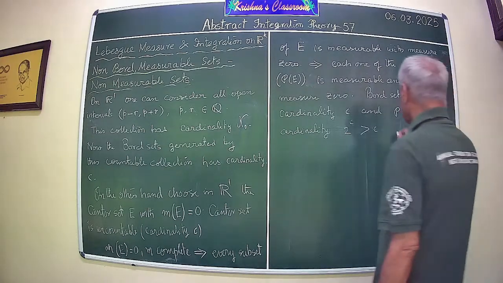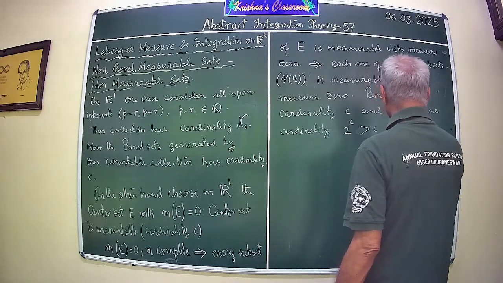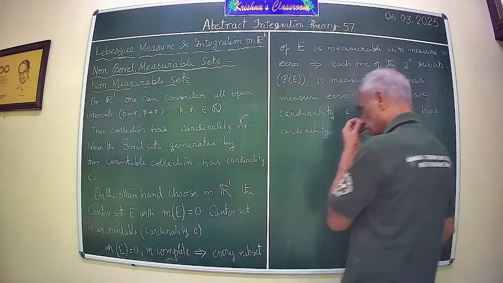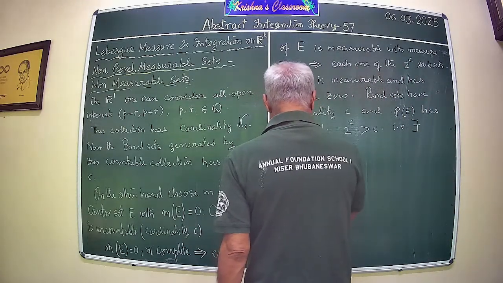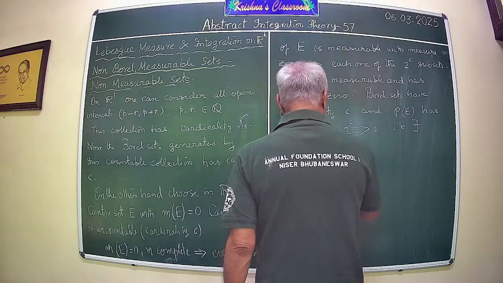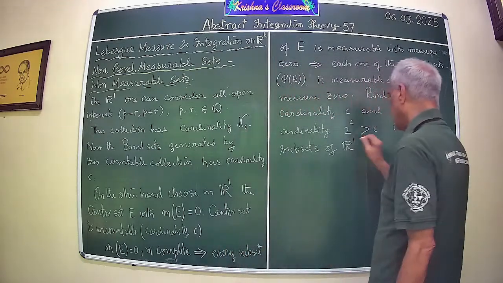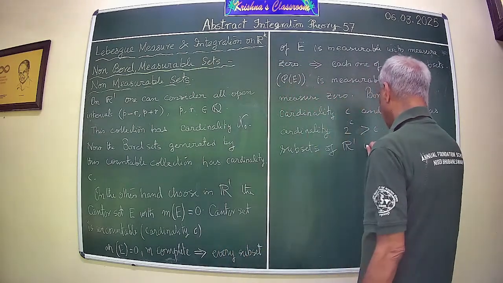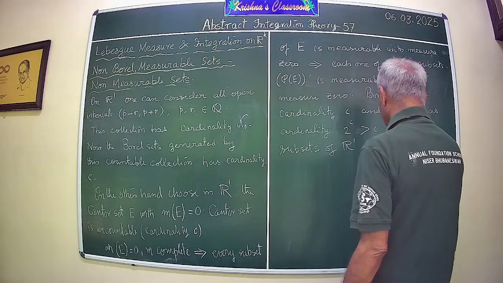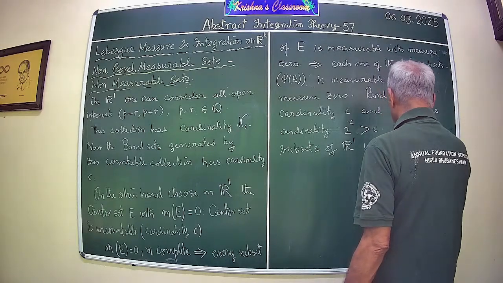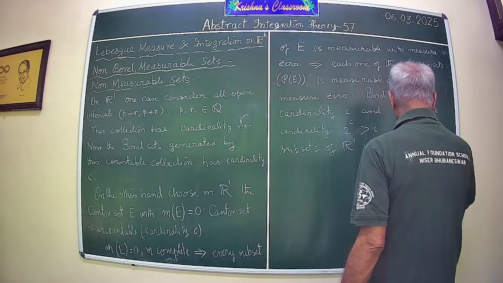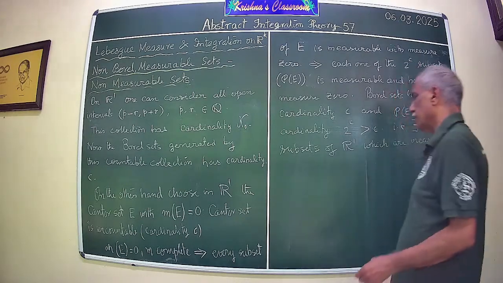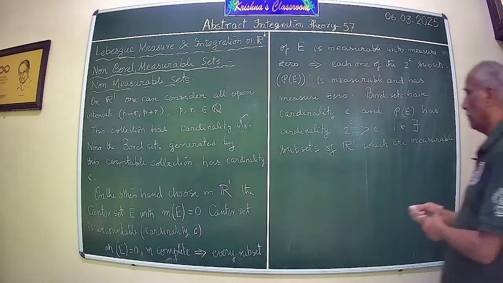Okay. That is, there exist subsets of E which are measurable but not Borel.